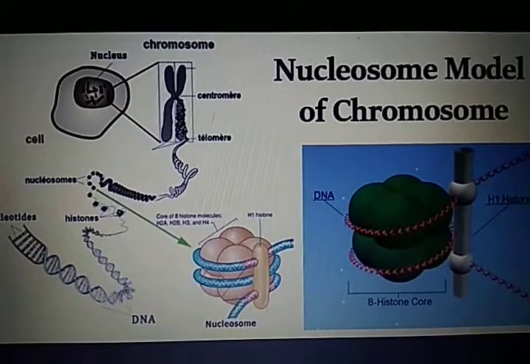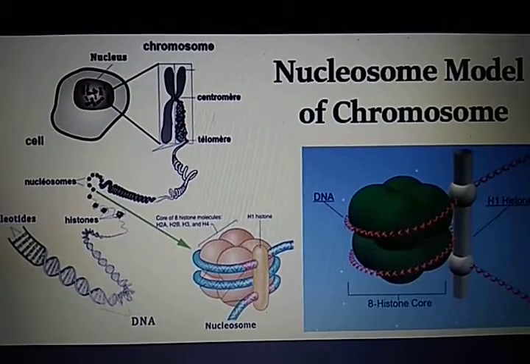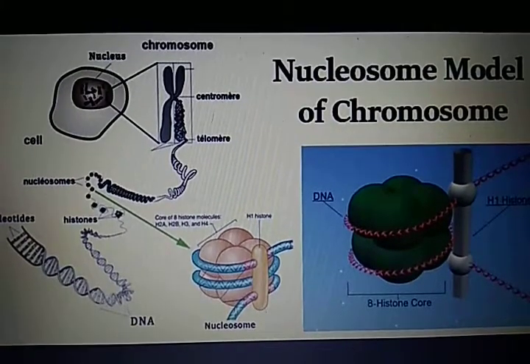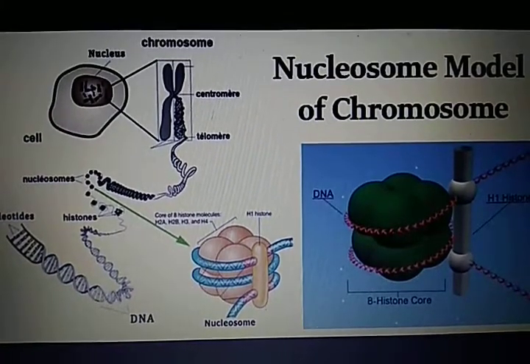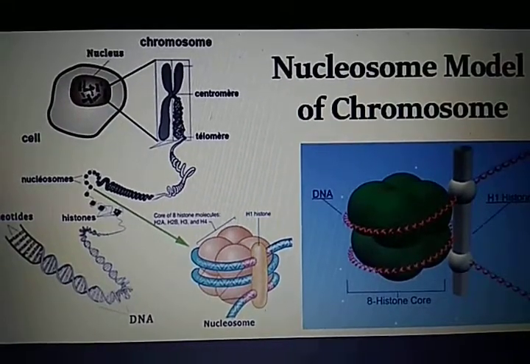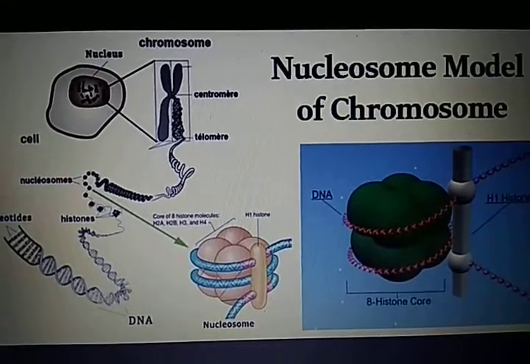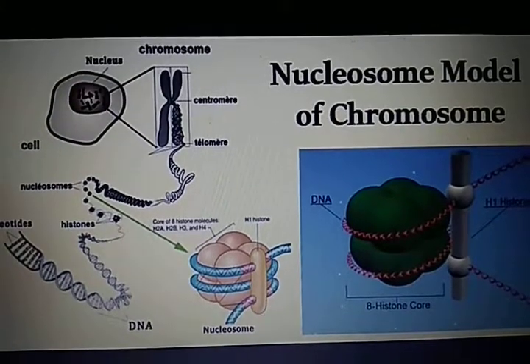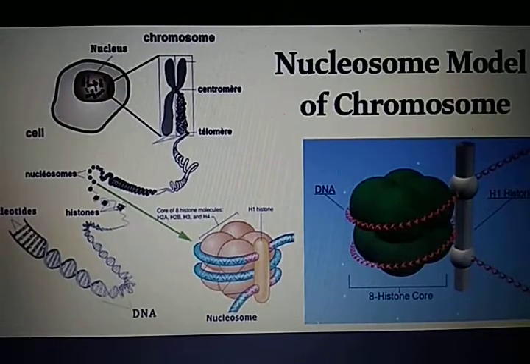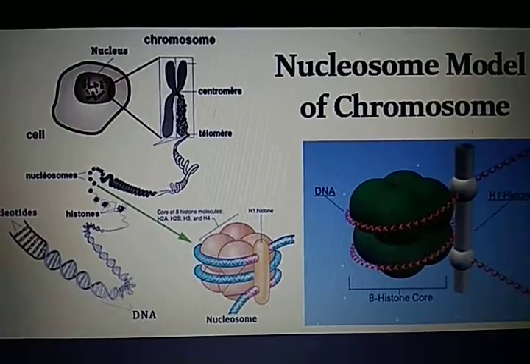Two H3H4 combine to form a subnucleosomal particle, and with this particle, two molecules of H2A and H2B dimers combine. This produces a nucleosomal core particle consisting of 146 base pairs of DNA bound around the histone octamer.